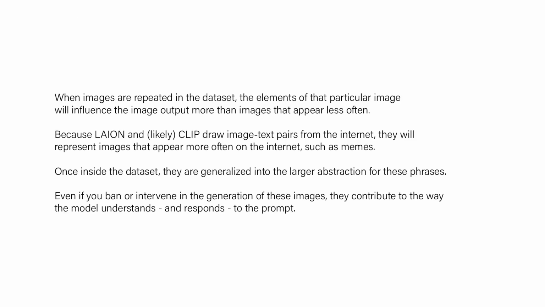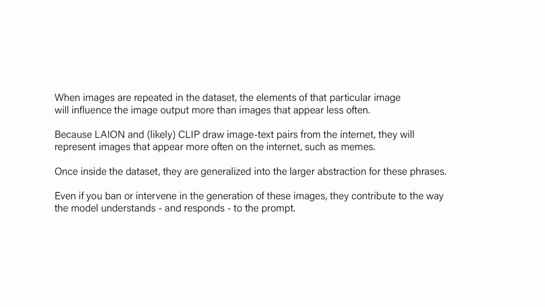So in summary, when images are repeated in the data set, the elements of that particular image will influence the image output more than images that appear less often. Because LAION and likely CLIP draw image and text pairs from the internet, they will represent images that appear more often on the internet, such as memes. Once inside the dataset, they are generalized into the larger abstraction for these phrases.